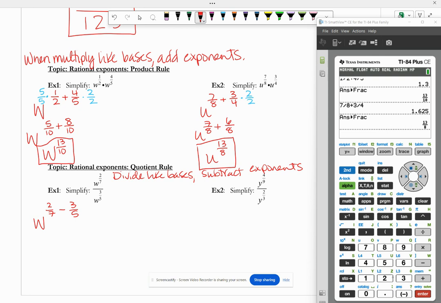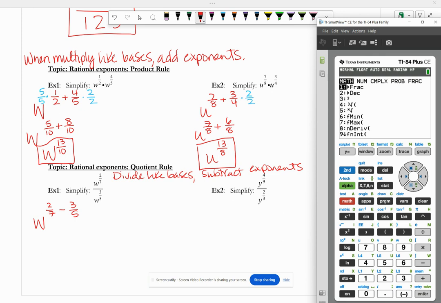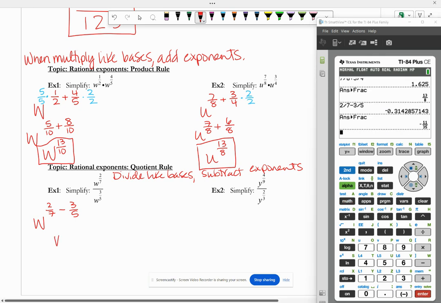I'm going to do this in the calculator. 2 divided by 7 minus 3 divided by 5. I get a fraction, math frac. It's negative 11/35. And if you remember back to up above, when we have that negative exponent, we do 1 over. So this is 1 over W to the 11/35.